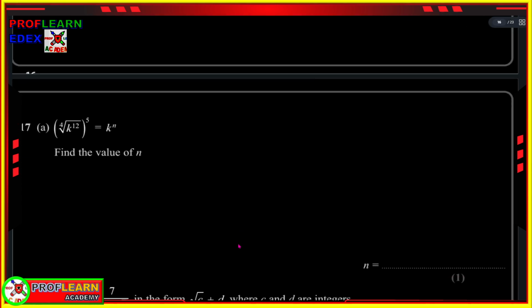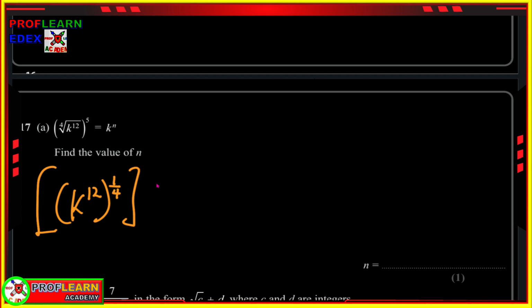Question number 17 is actually an equation, but it's more of surd form. So this is going to be k raised to power 12, raised to power, fourth root is the same as power 1 over 4. Then remember we are also having the 5 there. Then we have k raised to power n.